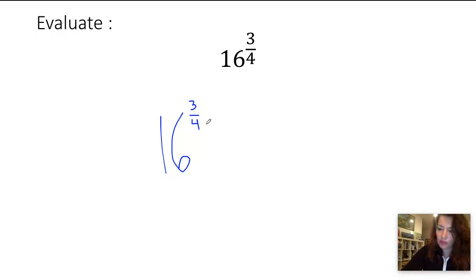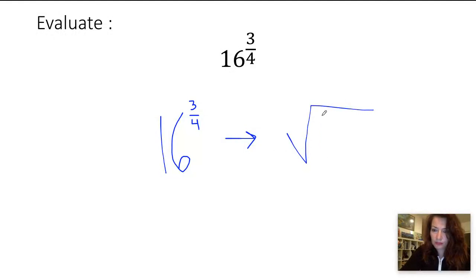As I mentioned before, it's a lot easier to shrink your number first. So this is equivalent to writing it as 16 with my fourth root in here, and then I'm going to take this number and cube it.